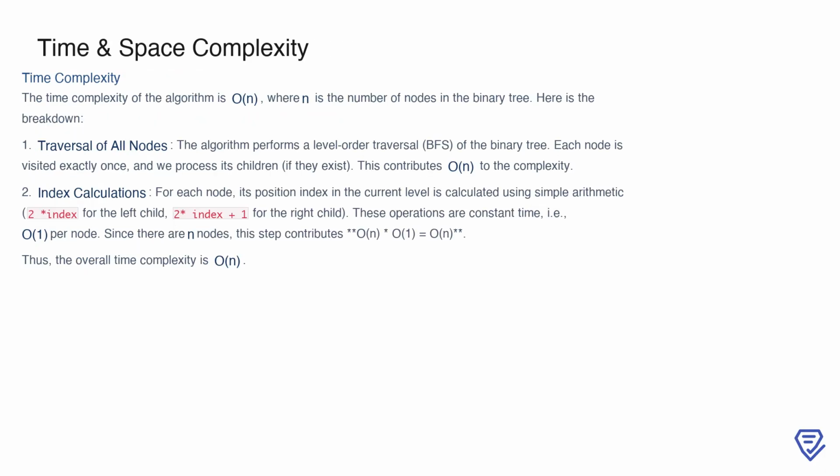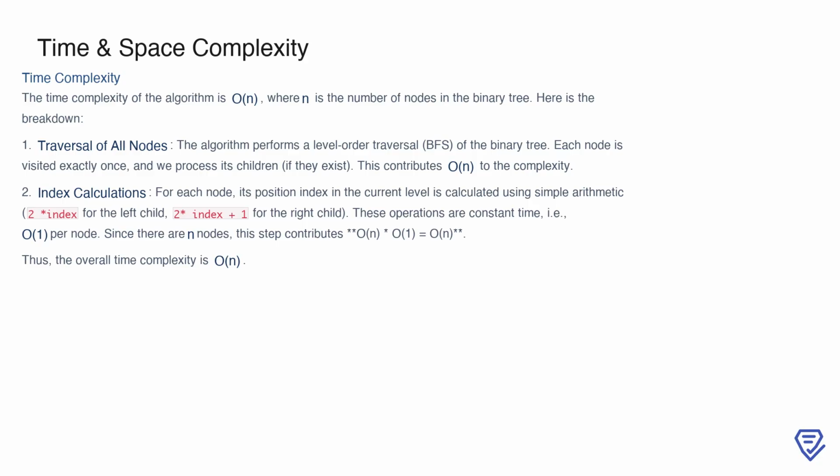To analyze the time complexity of the algorithm, let's break it into its key components. First, the algorithm performs a level-order traversal of the binary tree using breadth-first search, or BFS. This means that each node in the tree is visited exactly once, and any child nodes are processed as part of this traversal. This step contributes O(n), where n is the total number of nodes in the tree.